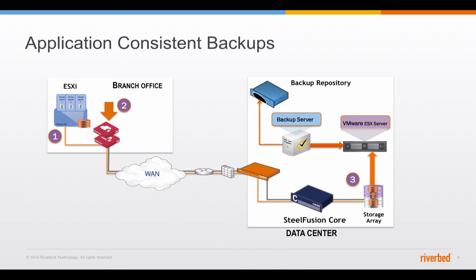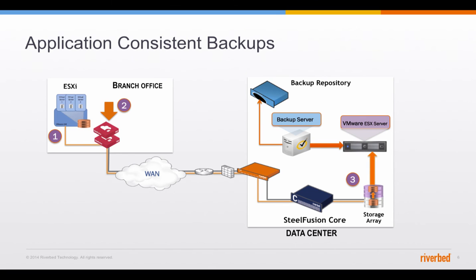You can use your existing infrastructure and the same backup software you use in the data center to back up all of your VMs. The same steps occur as in the array snapshot. A schedule is kept on the core to do its regular snapshot. It will connect to your ESXi proxy and automatically stage your VMs so that backup software can go in on its schedule and back it up.